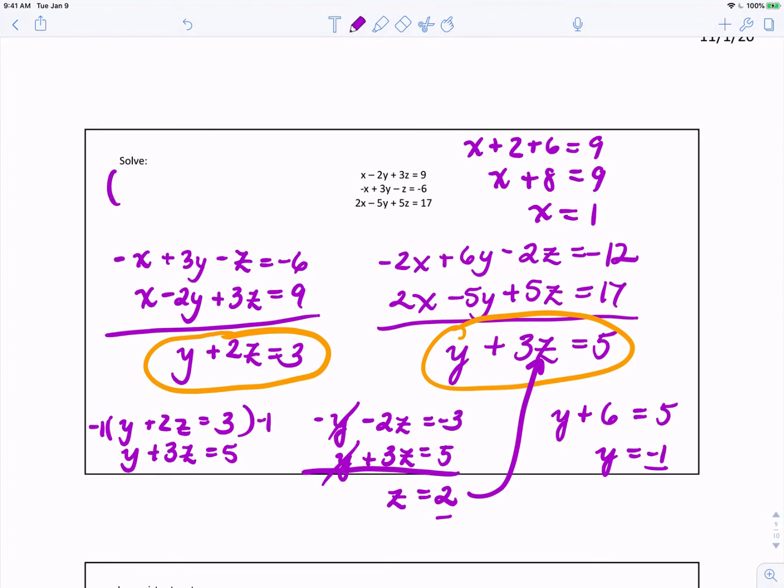So our solution is x is equal to 1, y is equal to negative 1, and z is equal to 2. And if we wanted to check that, we would just plug those values into every equation of the originals and make sure that they worked.